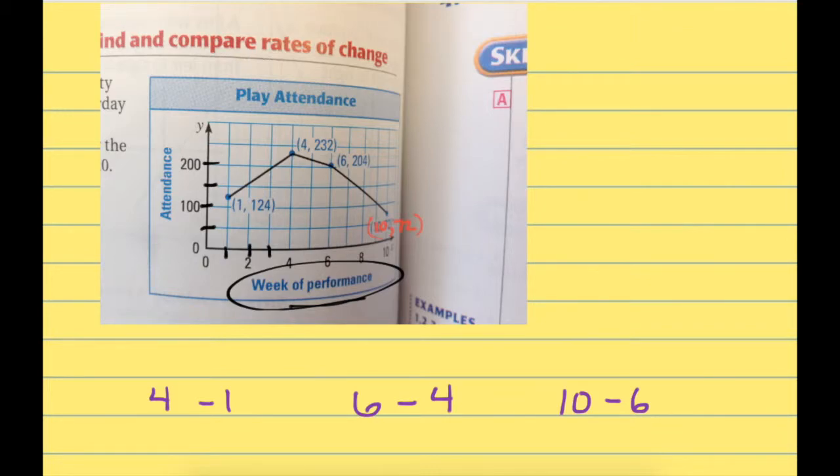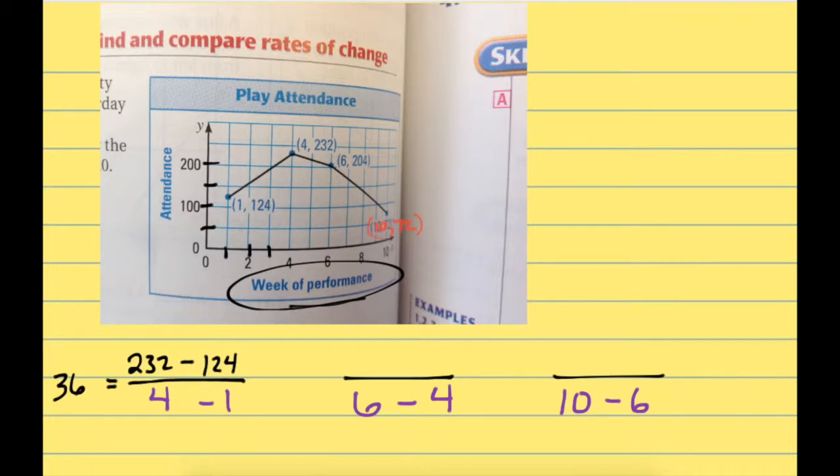So all we do is we use these as the input differences for our slopes, and we put in the associated outputs. So in week 4, there were 232 people. And in week 1, there were 124. And so when we simplify that, we get 108 over 3, which is equal to 36.